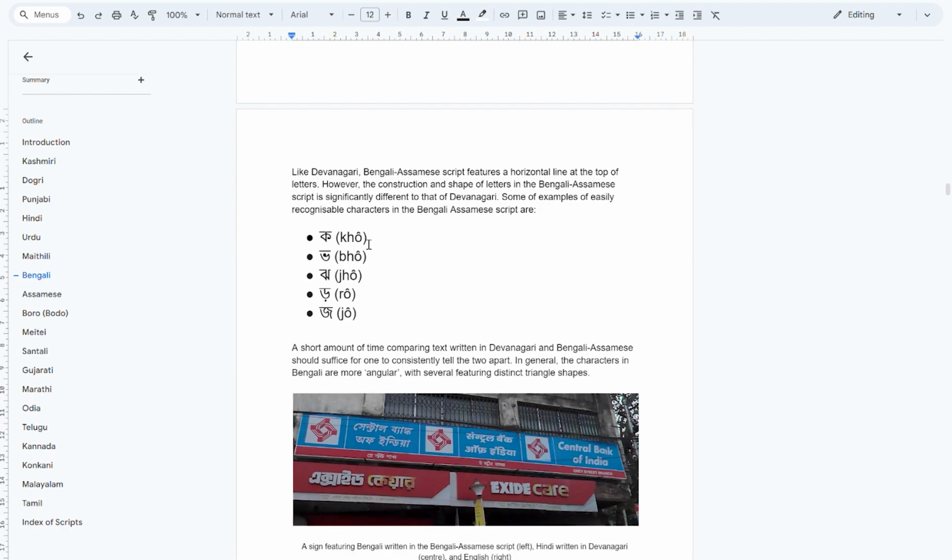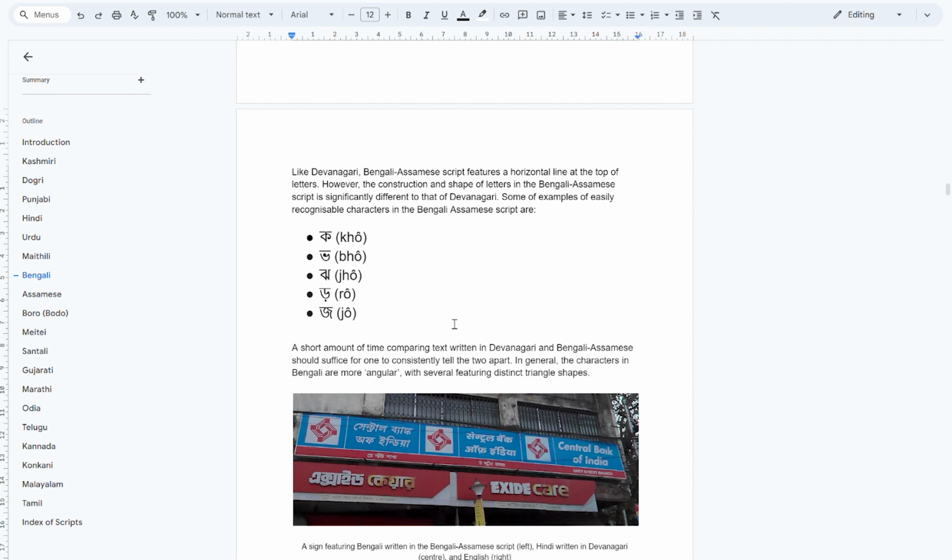Some examples of characters that are quite easily recognizable are these ones here. Obviously, I'd argue that most of them are pretty distinct, but these are just some examples of ones that I think are particularly distinct.